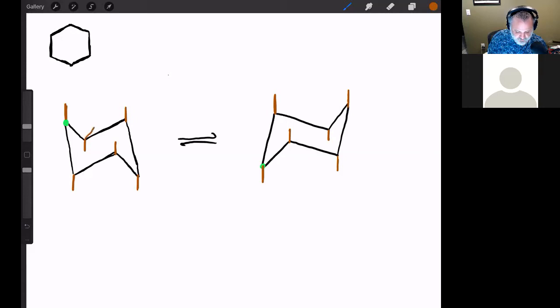This bond is a little bit longer than this bond, so I'll angle this equatorial bond up, towards it just a little bit. Same thing is true over here. I'll angle it up or down and towards that one. Same thing is true over here. Down and towards that one, up but towards that one.